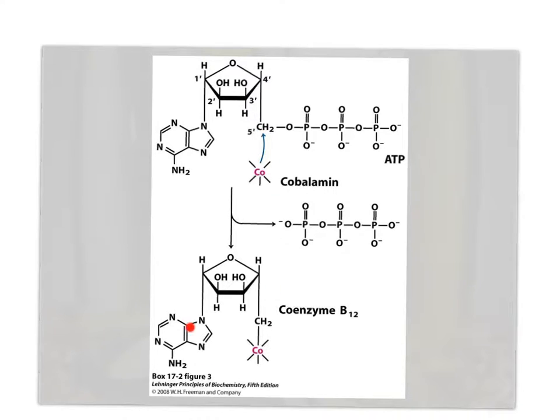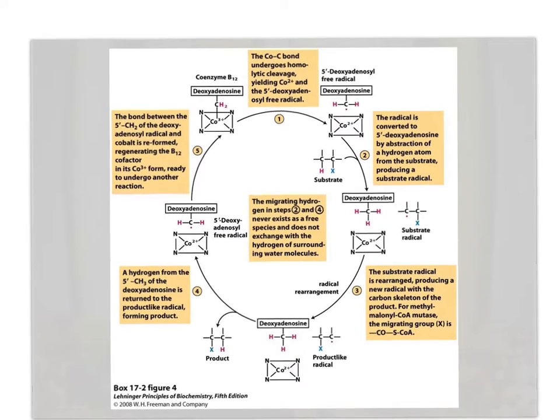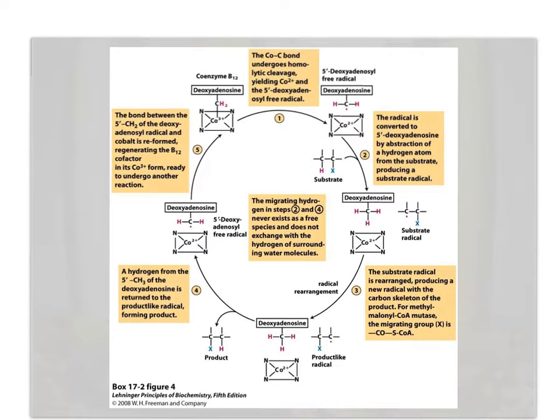So now we have this weakly bound deoxyadenine, see, because that's why it's DNA, otherwise it'd be RNA. But it's the base, the ribonucleotide, not the phosphates that's actually added on. This is the reaction scheme for this, and I'm going to just take you through it and walk you through it.